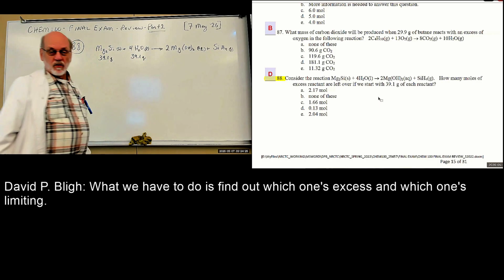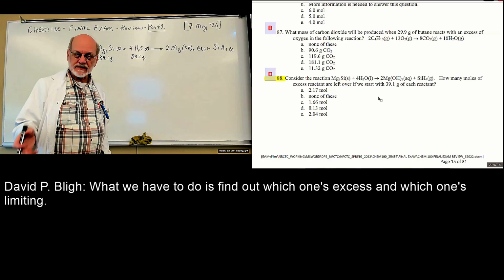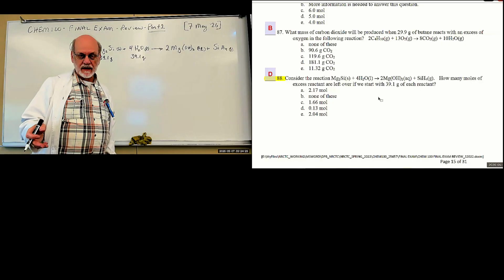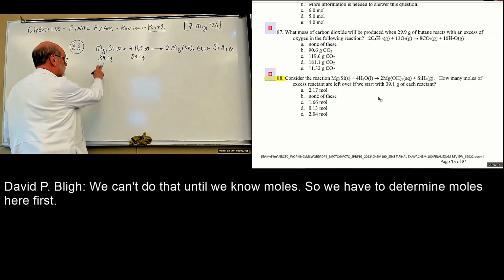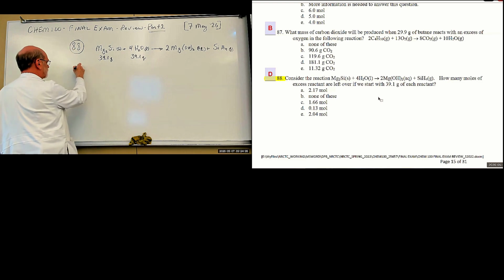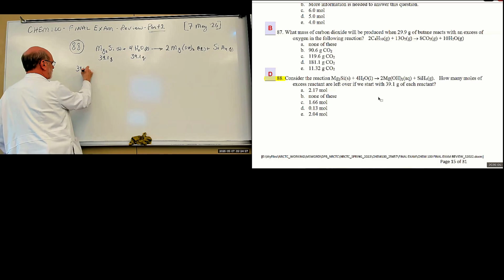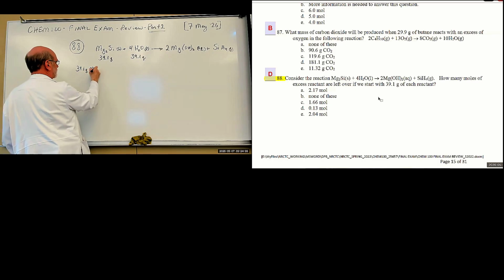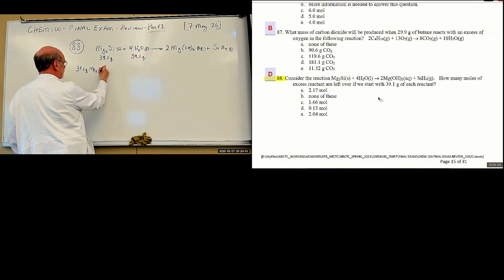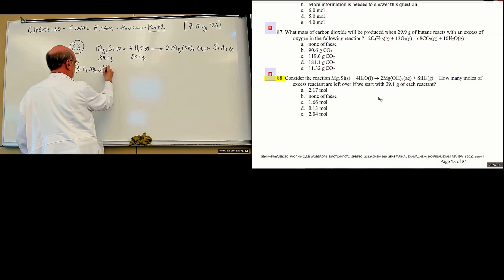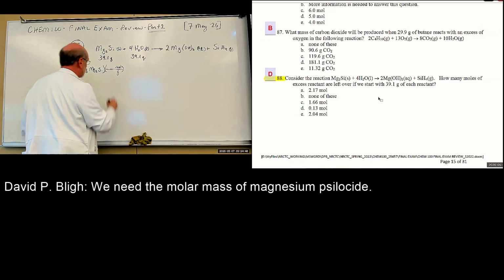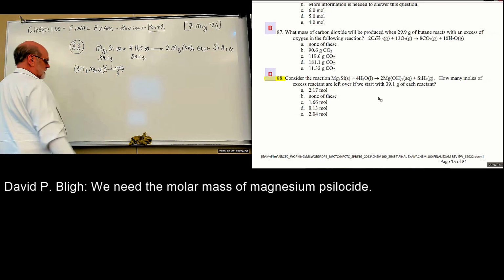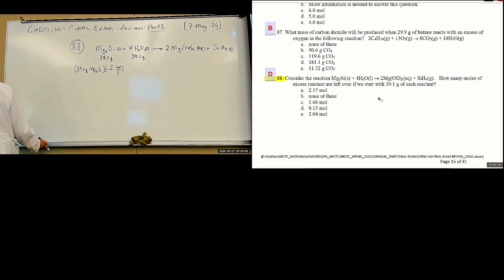Okay. What we have to do is find out which one's excess and which one's limiting. We can't do that until we know moles. So we have to determine moles here first. We need the molar mass of magnesium silicide.